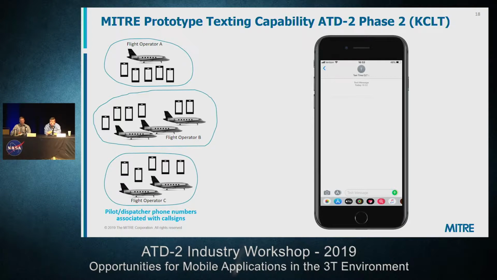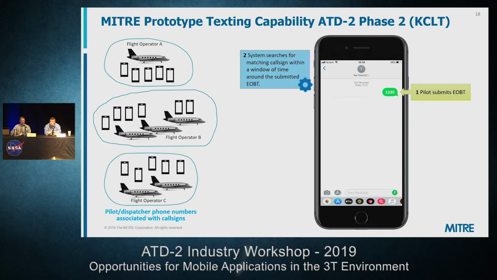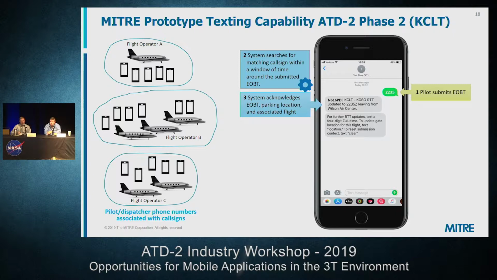So what we did is associate the various phone numbers with those tail numbers, so that when a pilot submits an EOBT, in this case 2235, the back-end system looks to see what phone it was sent from, and whether it corresponds to a particular tail number or call sign of one of our participating pilots.